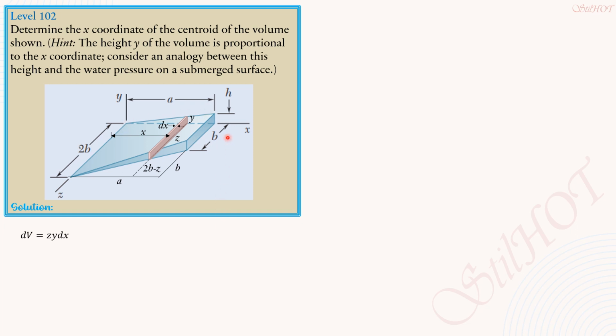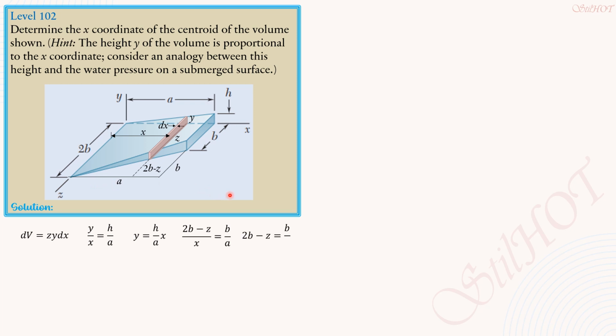From the figure, y is to x as h is to a. So y is h over a times x, while 2b minus z is to x as b is to a.